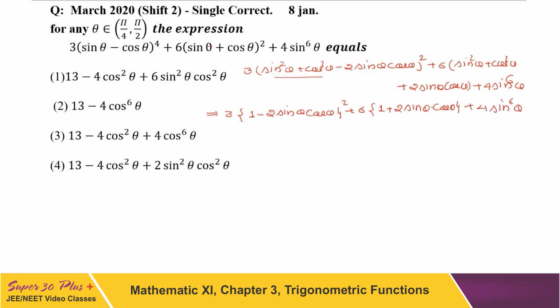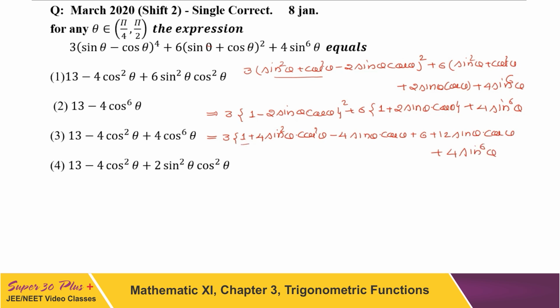Now again squaring it, it will become 3 times (1 + 4 sin²θ cos²θ − 4 sinθ cosθ), plus 6 plus 12 sinθ cosθ, plus 4 sin⁶θ. Now simplify it.